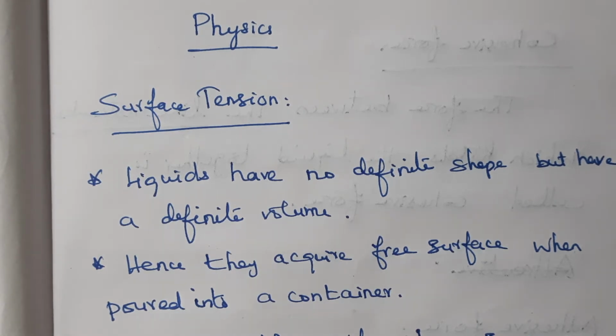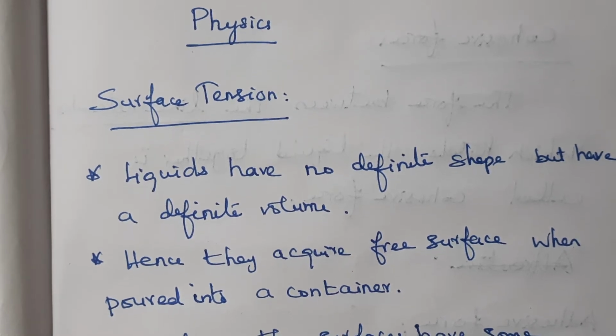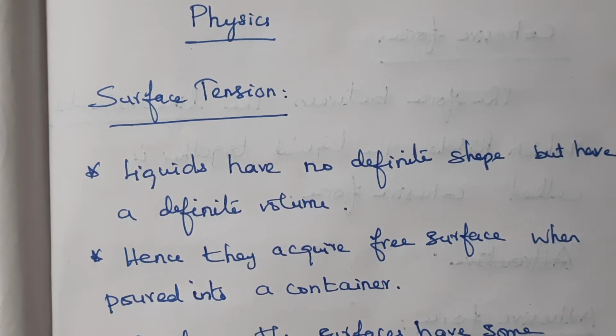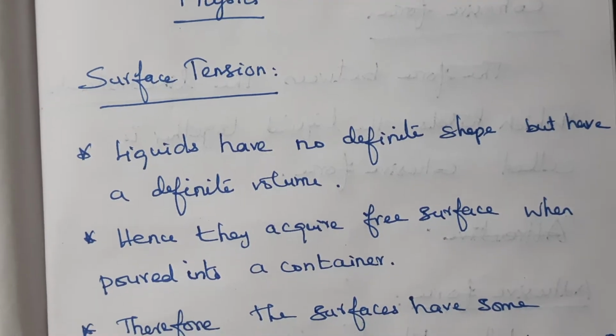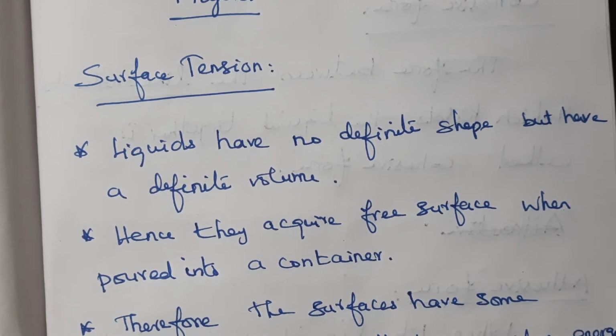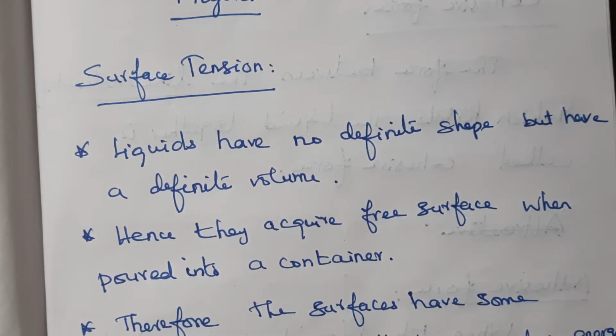We know that solids have a definite shape, but liquids have no definite shape but have a definite volume, isn't it? So when we pour liquids in a container, they take the shape of that container. For example, when you fill water in a tumbler, it stays at the top surface fully.